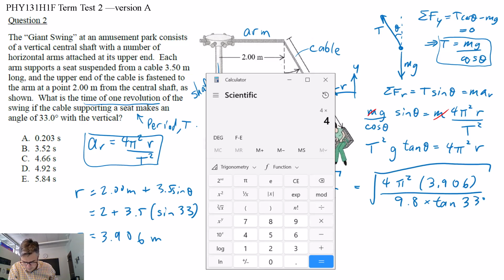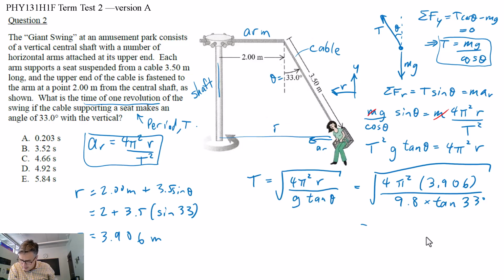So 4 times pi squared times 3.906 divided by 9.8 divided by tan 33, and then take the square root of all that. I got 4.92, and that most closely matches up with D.